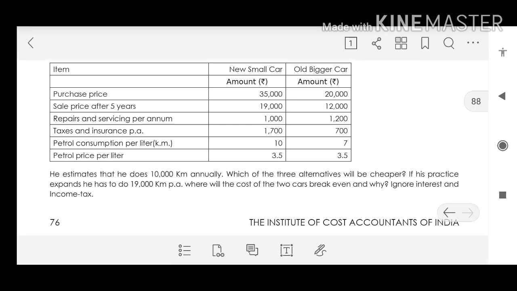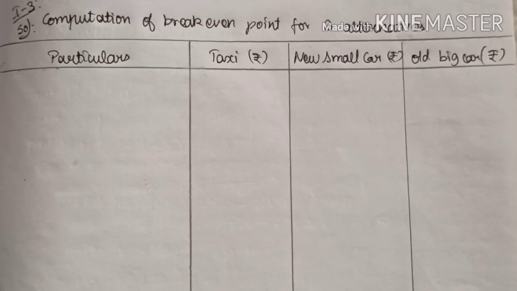And third, we have to find at what cost the two cars, that is new small car and old big car, break even. That is the indifference point. We already saw that at a certain point the cost of two alternatives will be the same. That point we have to find out, and that is the break even. Let us start the solution.